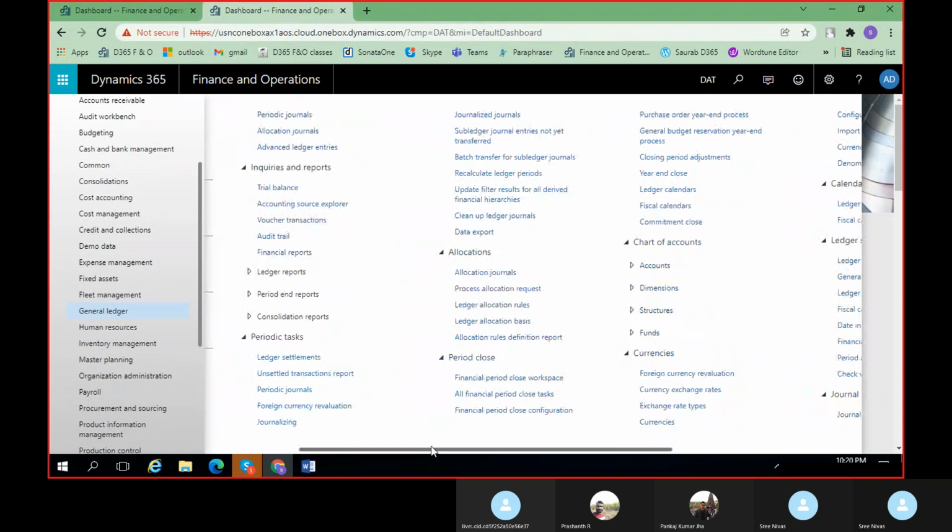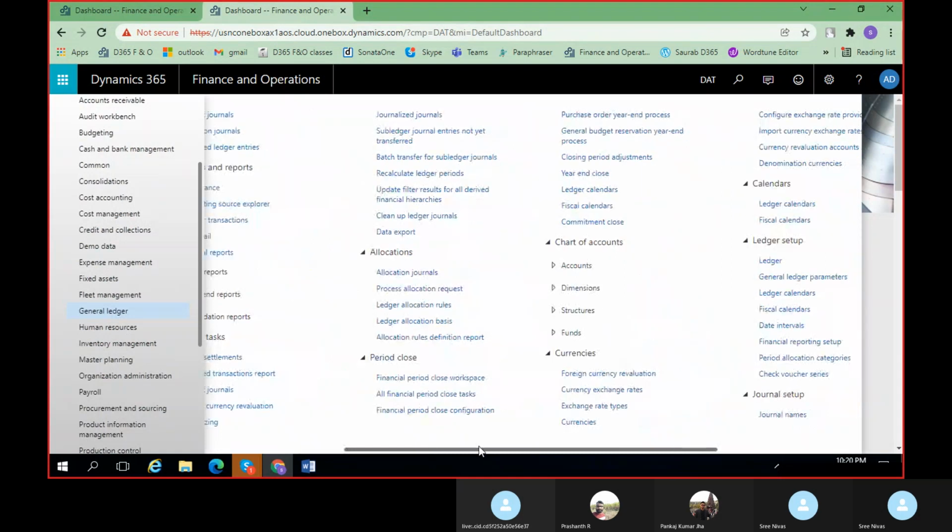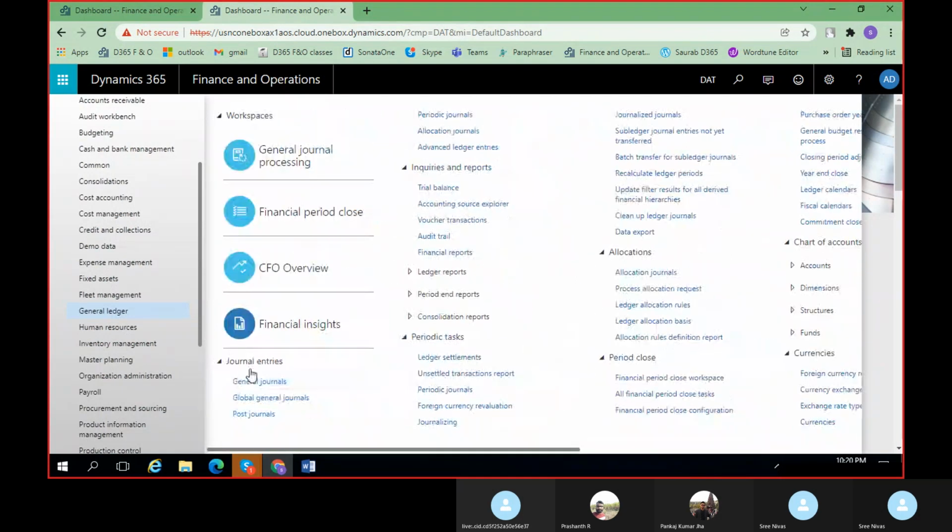See, this journal entries, this is the first step in the configuration to record the transaction. It will start from here. Like I was telling, we'll have to give sub configurations like general journals, how to post generals, and periodic journals, allocation journals. These topics we'll have to configure.